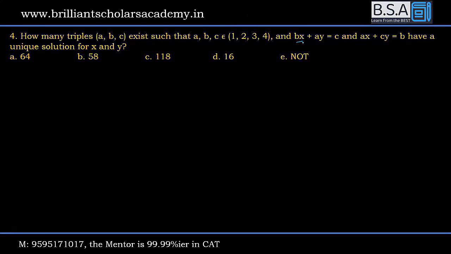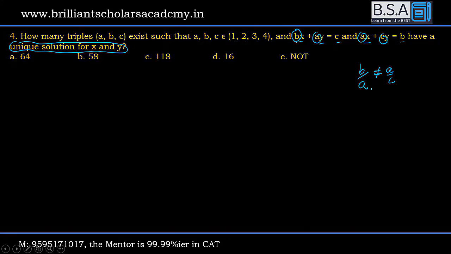And bx plus ay is equal to c, ax plus cy is equal to b have a unique solution for x and y. When you have a unique solution, you are basically saying the coefficient of x and the coefficient of y are not equal.